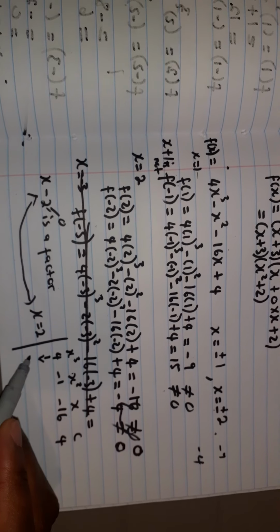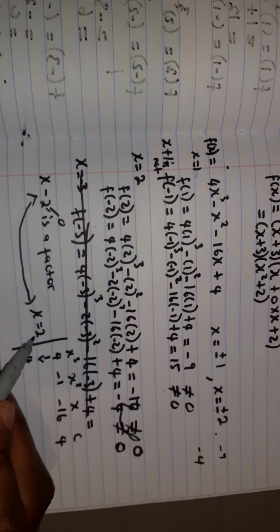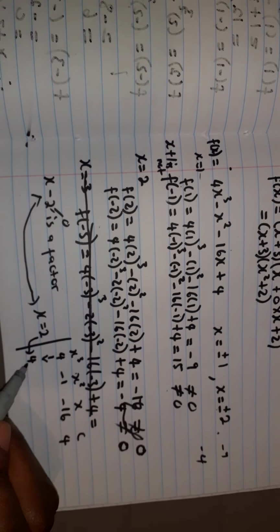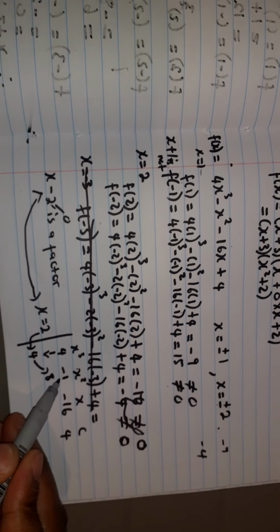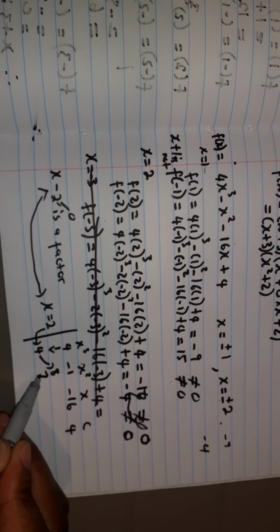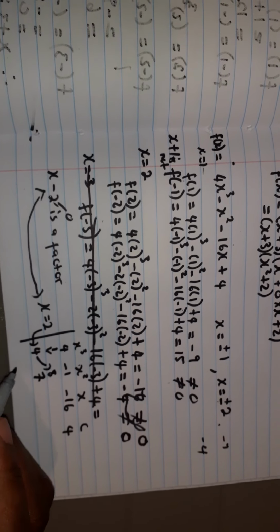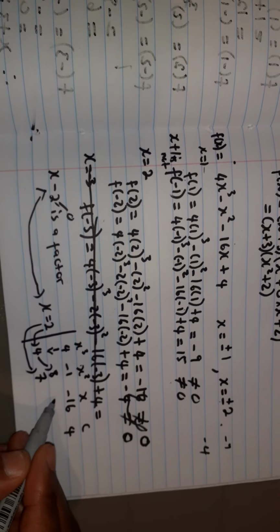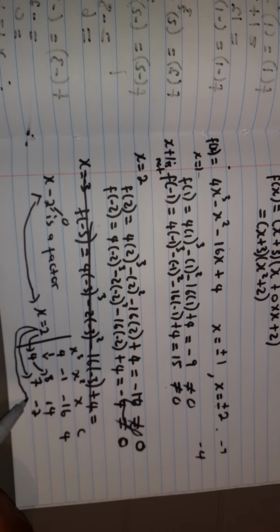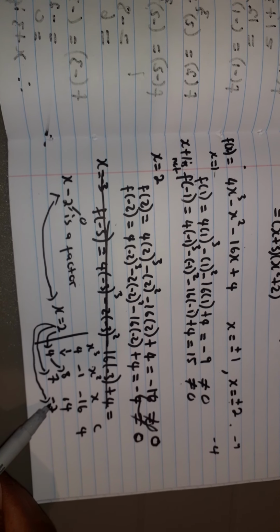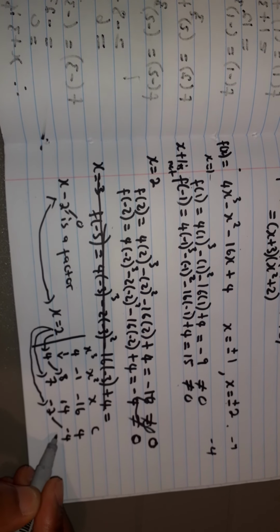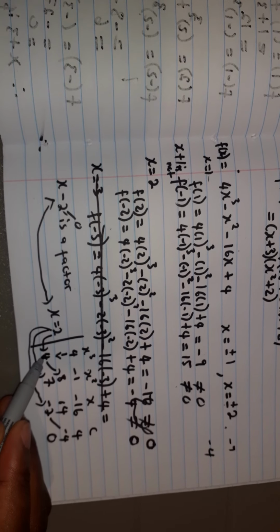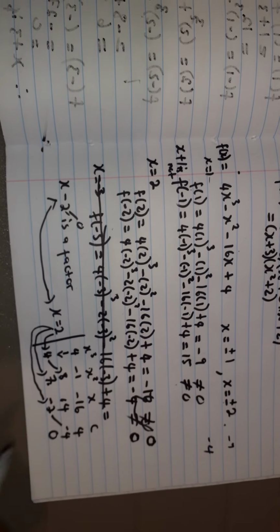I drop the 4, then 2 times 4 is 8. Then minus 1 plus 8 is 7. Then 2 times 7 is 14; adding the negative 16 gives minus 2. We multiply again: 2 times minus 2 is minus 4, and 4 minus 4 is 0. Remember, that is A, that is B, that is C.